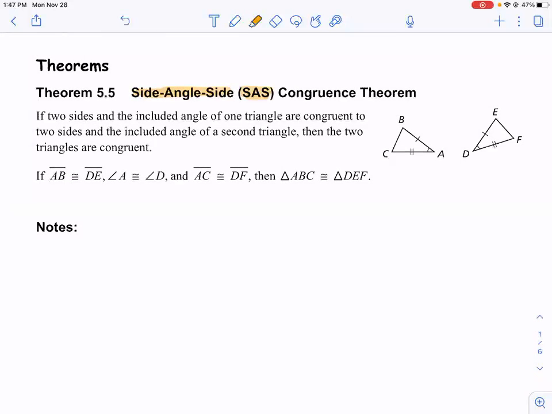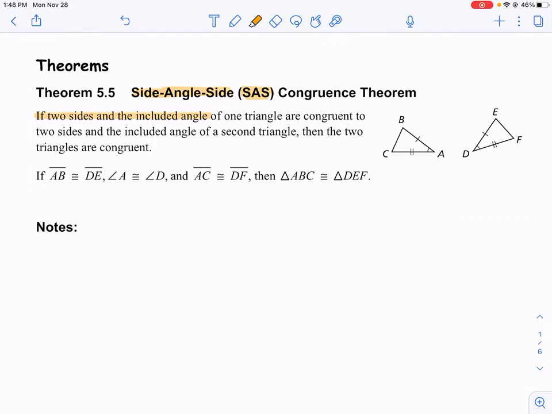So what this means: if we have 2 sides and an included angle of one triangle that are congruent to 2 sides and an included angle of another triangle, then we have congruent triangles. What I want you to notice about this picture is how the angle is in between the 2 sides.